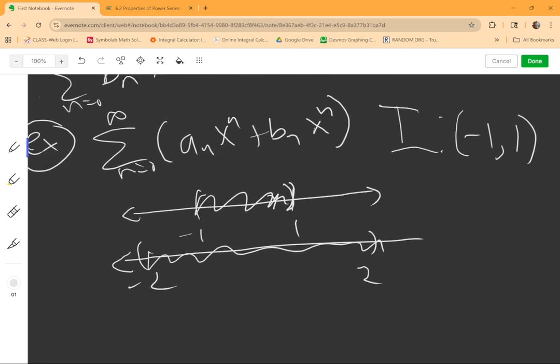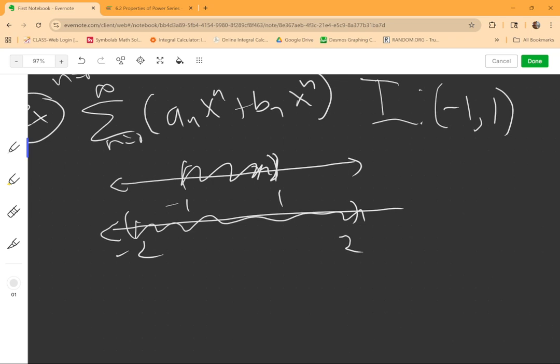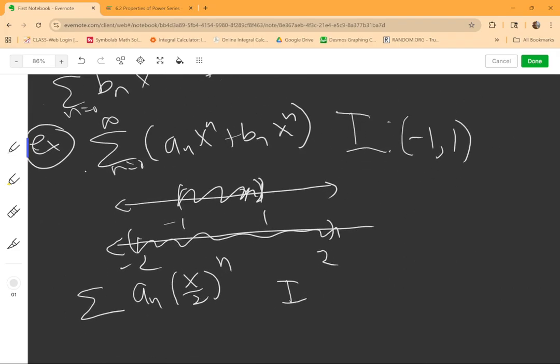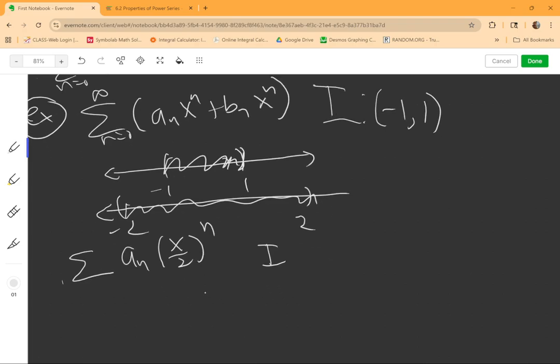Now, if I manipulate the x, let's say here, a sub n times x over 2 to the n. I know that my interval of convergence for a is -1 to 1. Now, when I change it to x over 2, what that does is that the absolute value of x over 2 has to be less than 1.